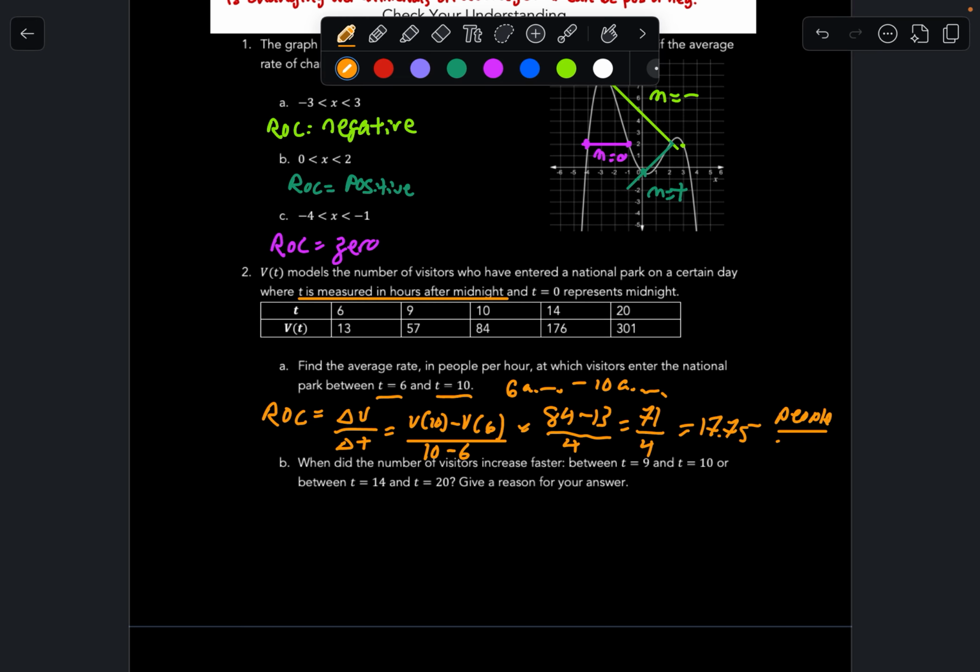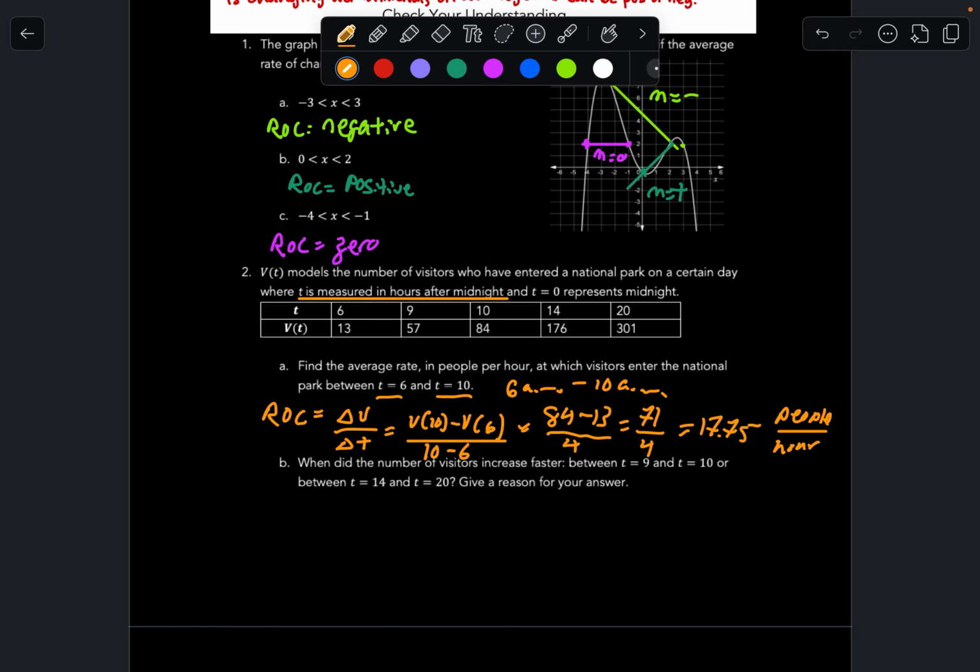Notice it has a 0.75 decimal on it. Can we have 0.75 of a person coming through? How do you handle that? Well, this is an average.